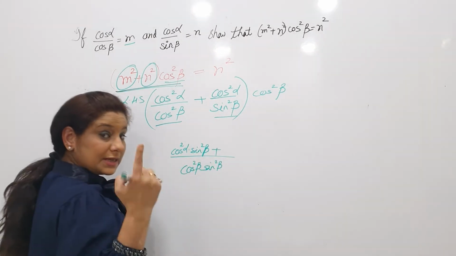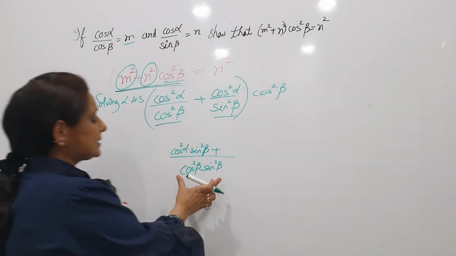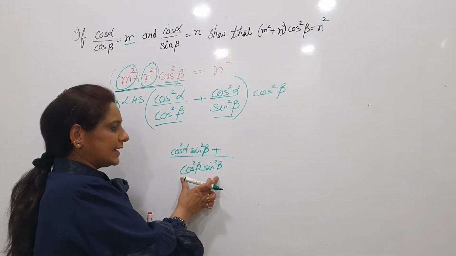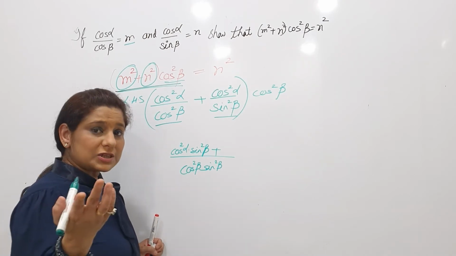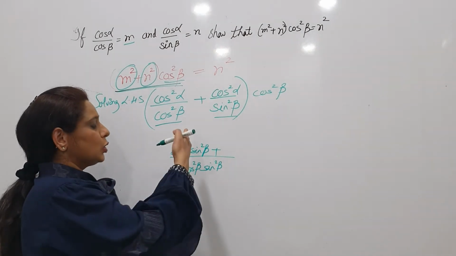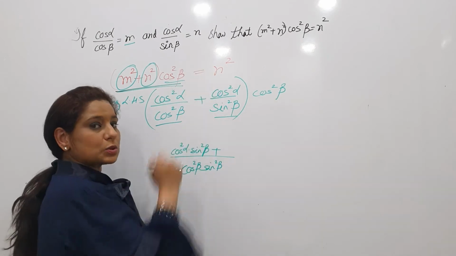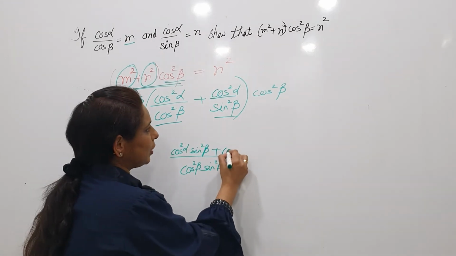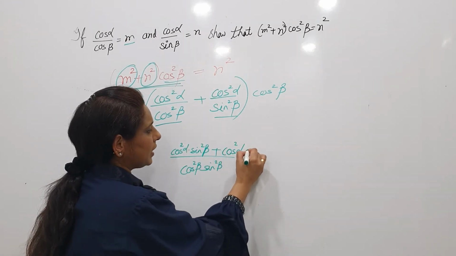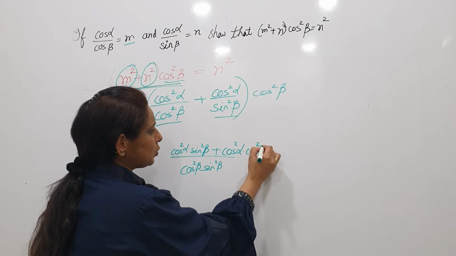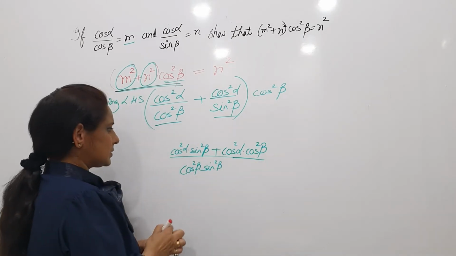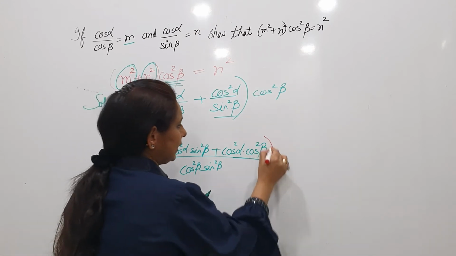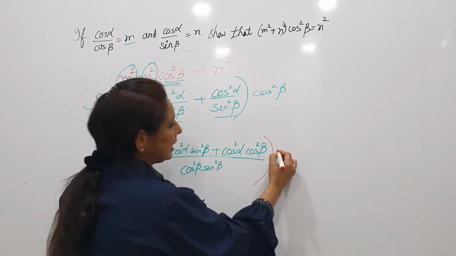I hope things are clear. Now the next step is cos square beta sin square beta को जब हम sin square beta से divide करेंगे तो क्या बचेगा? Cos square beta. और cos square beta को जब हम cos square alpha से multiply करेंगे तो हमें क्या मिलेगा? Cos square alpha into cos square beta. So we are done with this. इसको हम ब्रैकेट में डालेंगे और अभी हमारे पास बाहर क्या है?